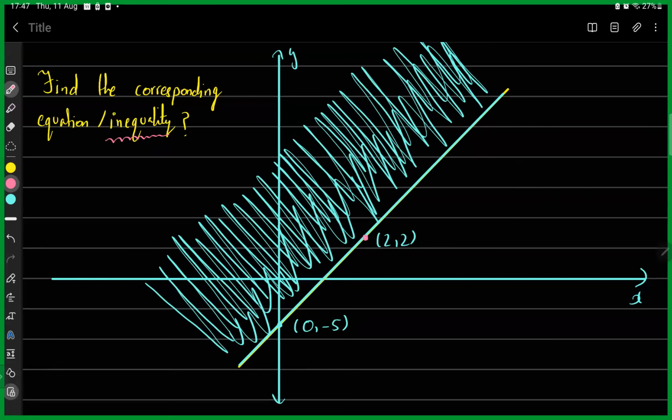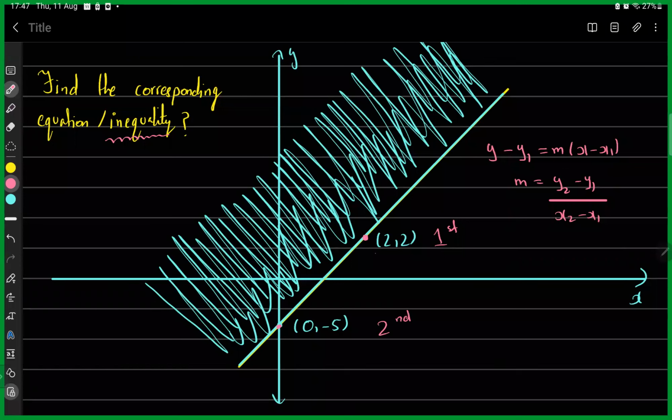You already have 2 points. So it is y minus y1 equals m into x minus x1. I'm just supposed to plug in everything. m is going to be y2 minus y1 divided by x2 minus x1. You can think about it as first point.